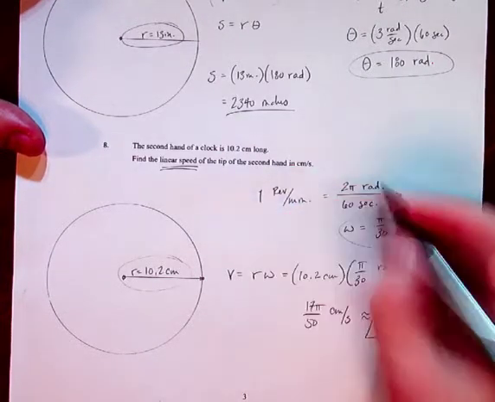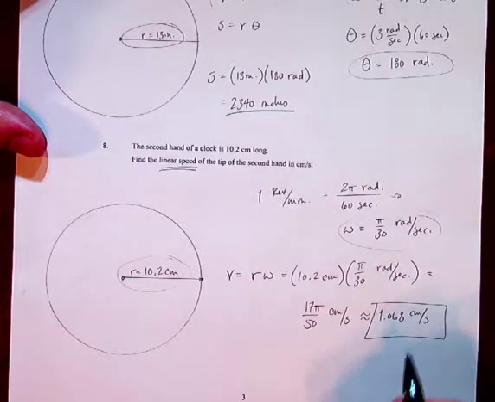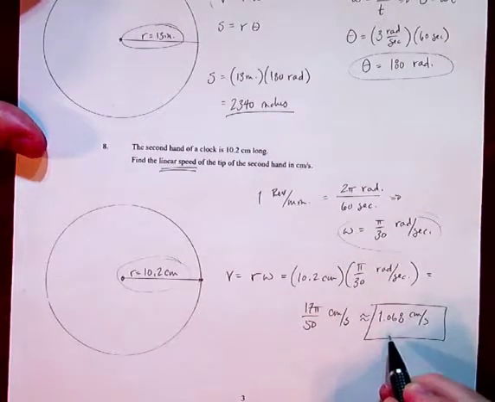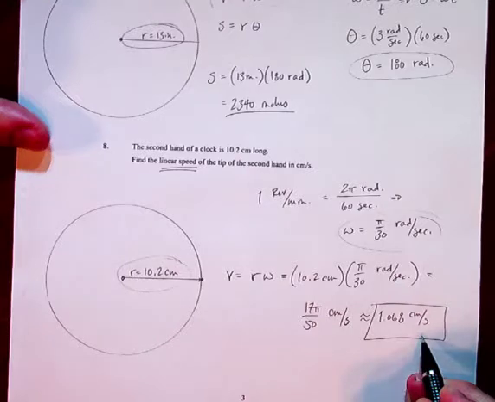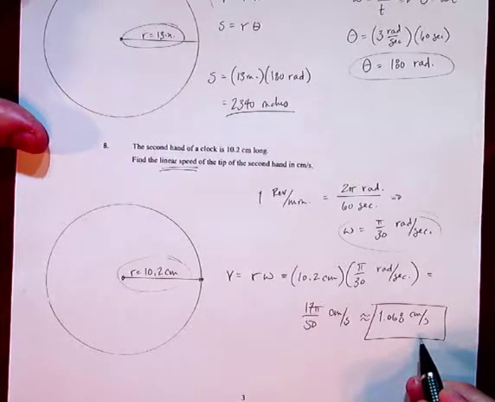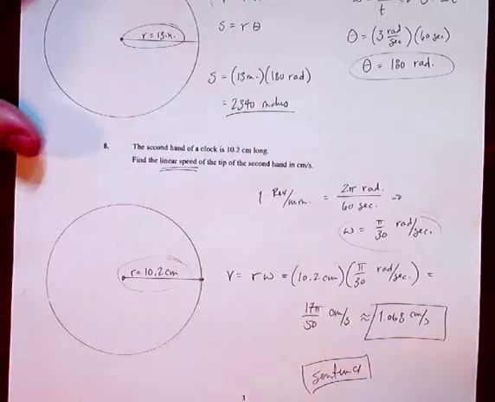I don't approximate anywhere in the intermediate steps. I approximate once at the very end, and it's to 3 decimal places, okay? And then, of course, you would author a sentence because it was asked in sentence form.